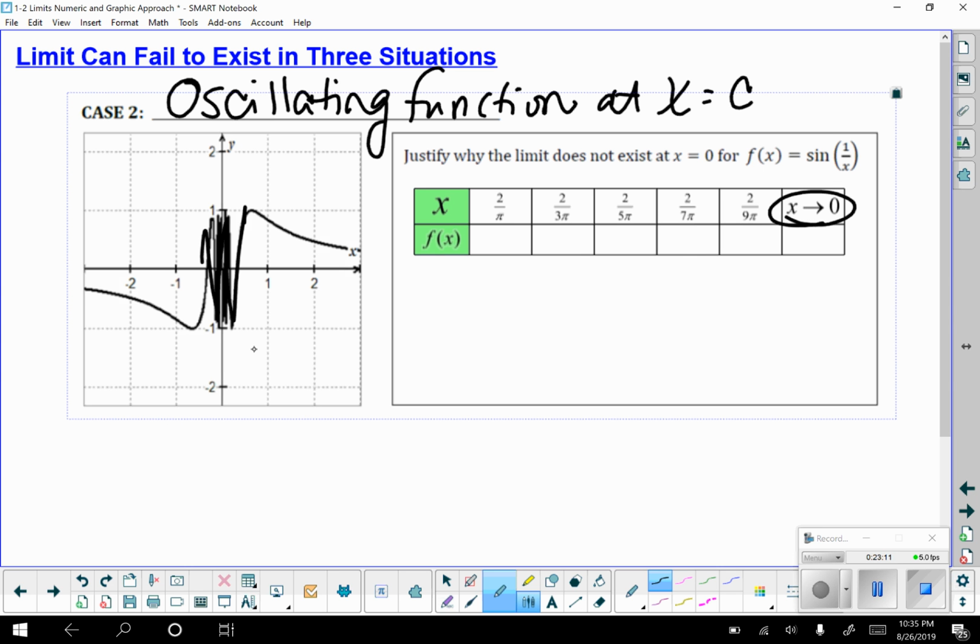It's vibrating so quickly that it is very hard to see the function. So it is not settling on any one particular value from the left and the right side. The limit as x approaches 0 of our function, they named it f of x, does not exist as well.